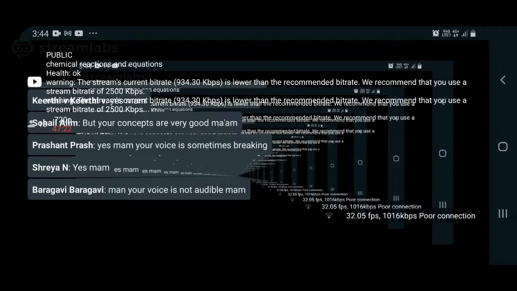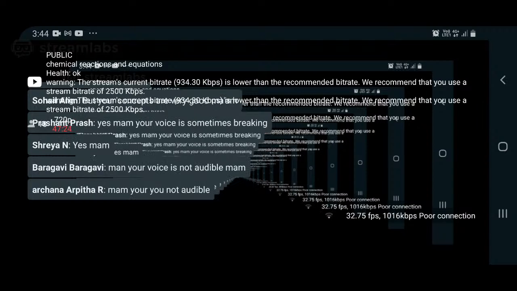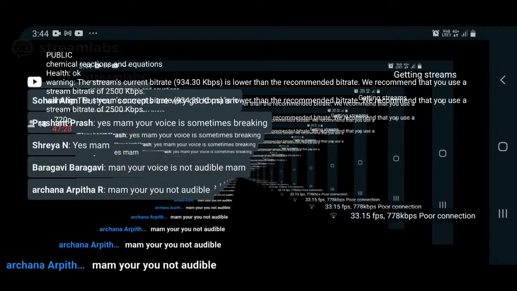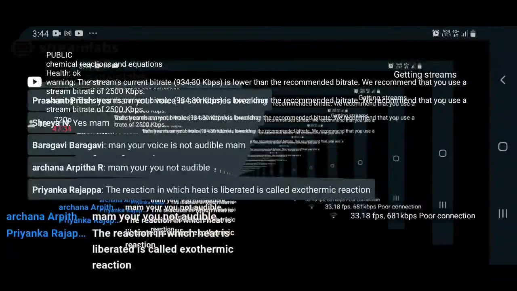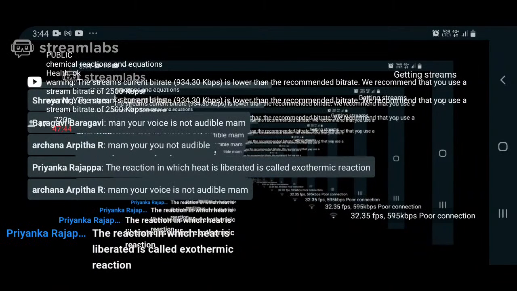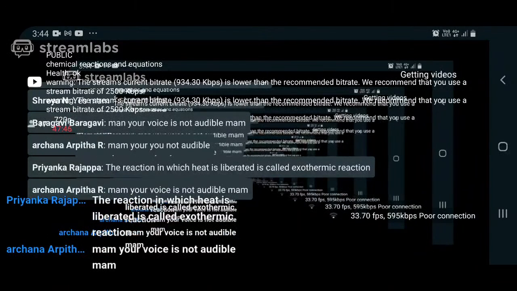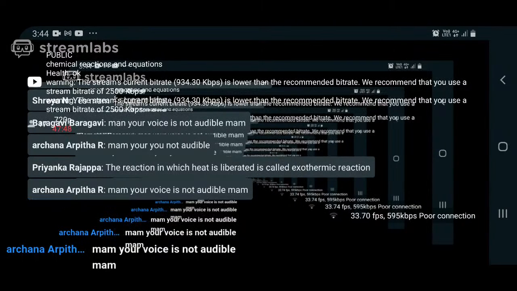And these equations are called exothermic reactions. Where heat is evolved is known as an exothermic reaction. Examples: combustion and respiration are very good examples of exothermic reactions.